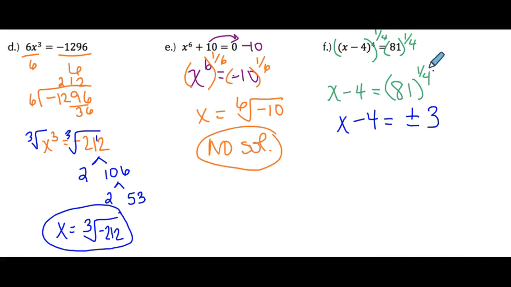And the reason why I have plus or minus is because the denominator here is even. So when I move my 4 over, we know that x is going to be 4 plus or minus 3. So let's go ahead and actually figure it out. 4 plus 3 is 7. 4 minus 3 is 1.